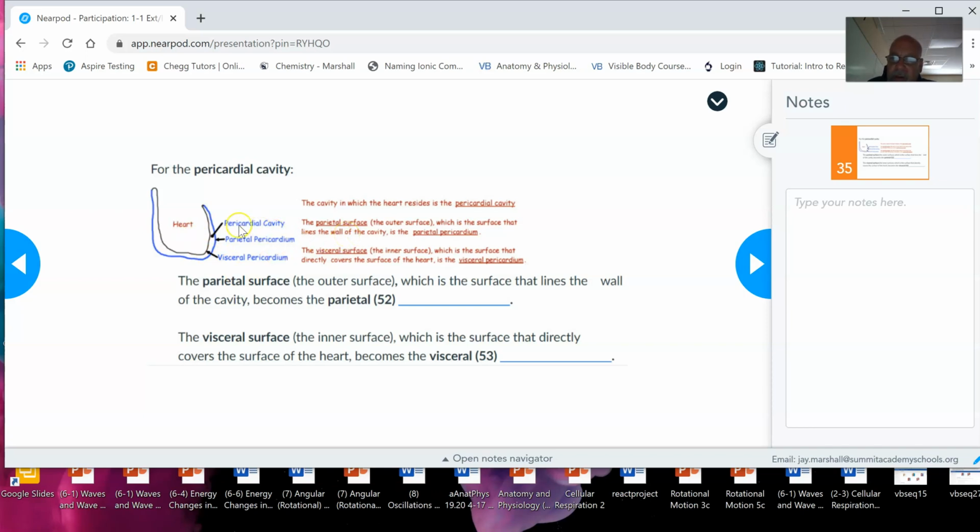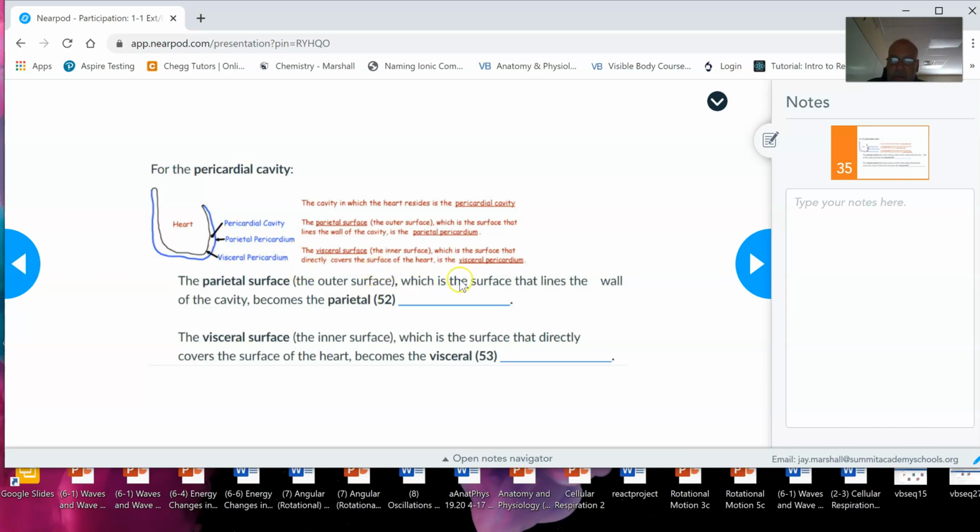Notice that we applied the terms that we've already learned to the pericardial cavity itself: the pericardial wall, the visceral and the parietal pericardium.